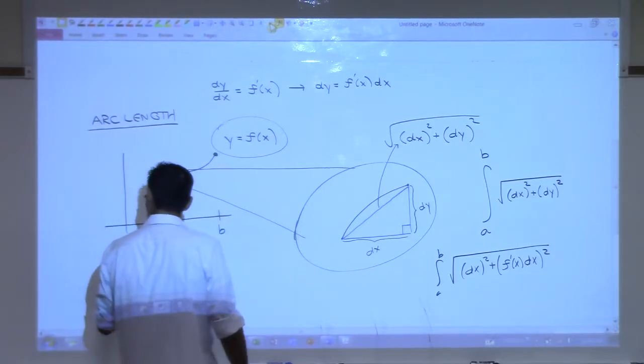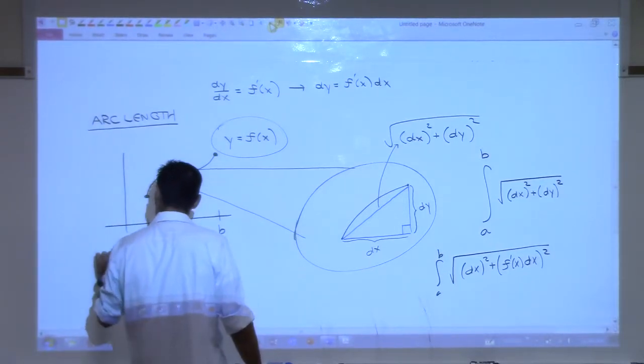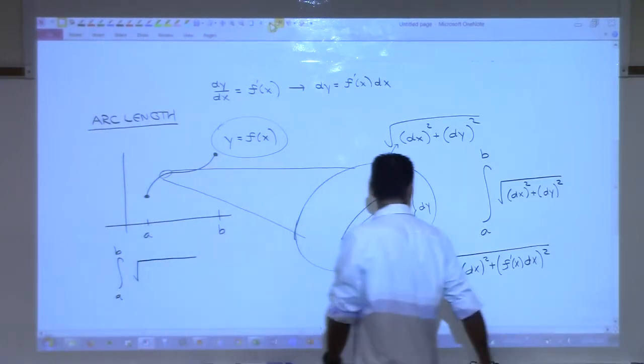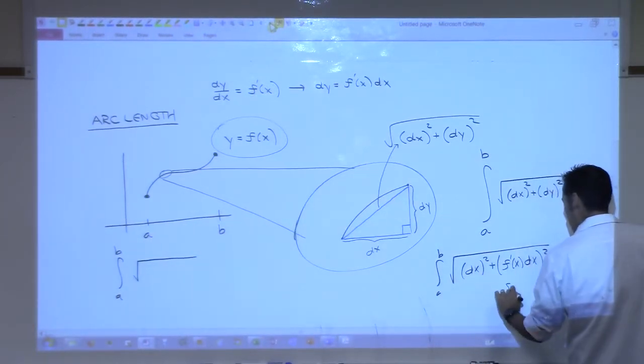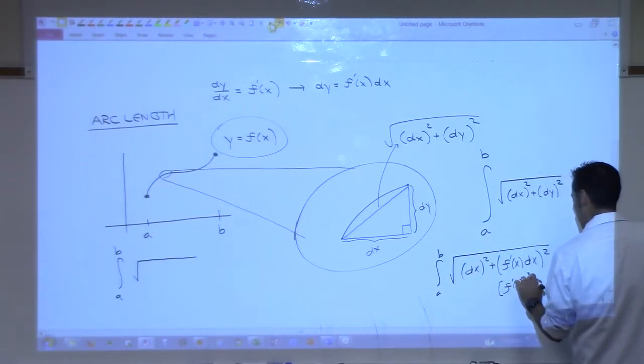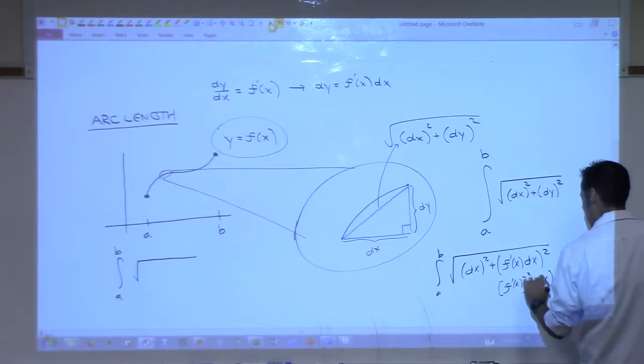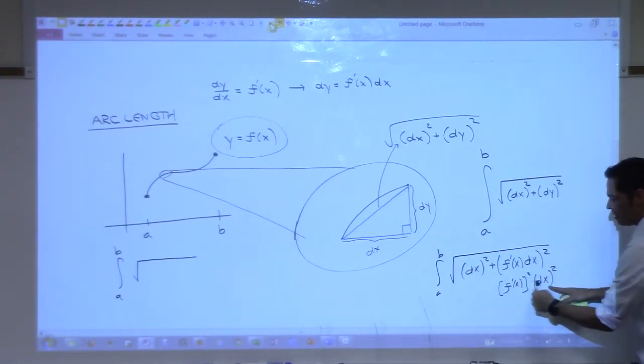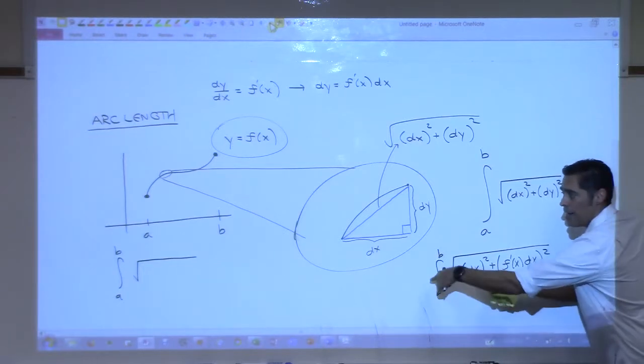I'll stick it right here. Integral a to b square root, okay, so I may have done too much of that algebra. Let me just put it under here. This next line is f prime of x, that thing, squared times dx, that thing squared. So that's me squaring each one, that and that. And then I take the dx squared out of both of these and then take it out of the root.